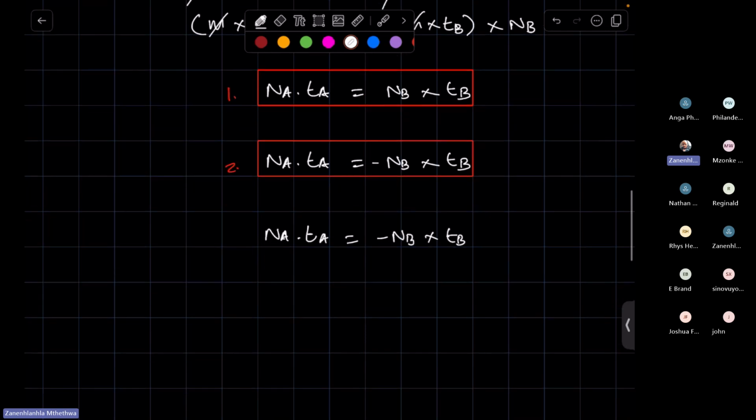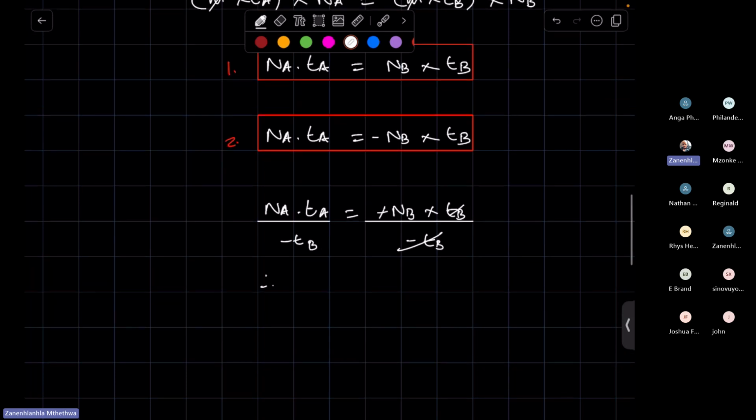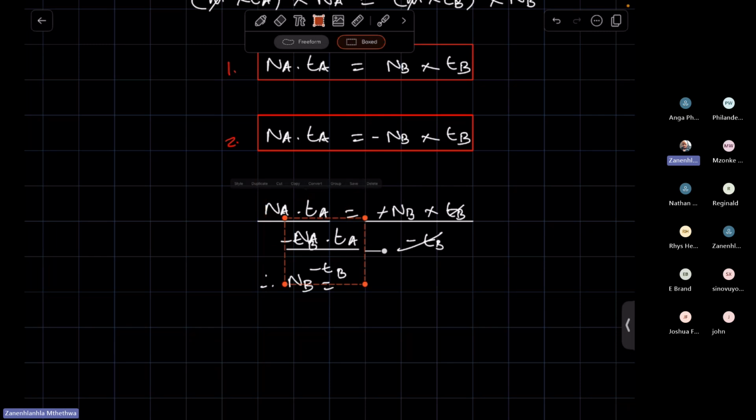To make NB the subject of the formula, you divide both sides by negative TB. Obviously this cancels, so NB is equal to NA TA divided by negative TB.